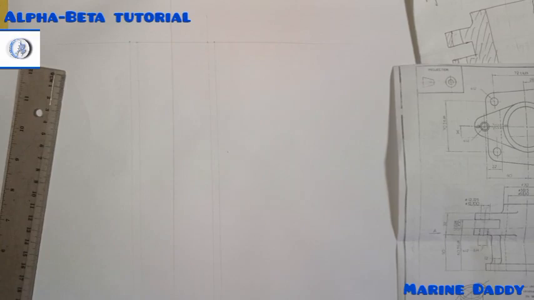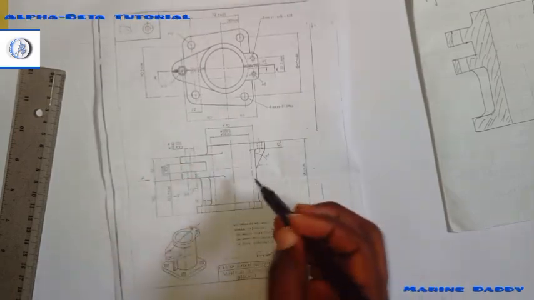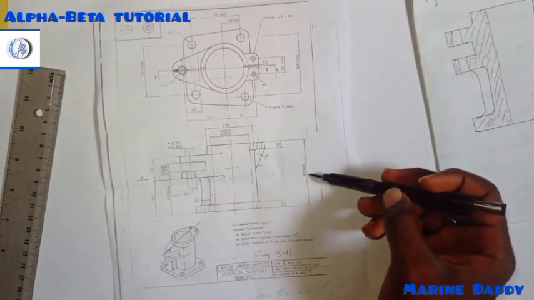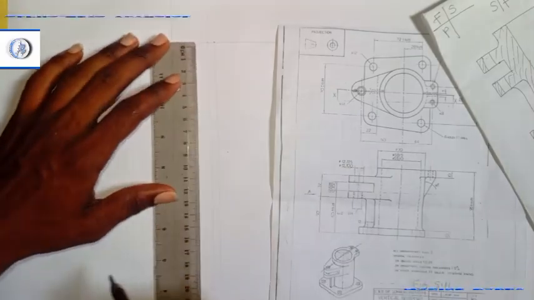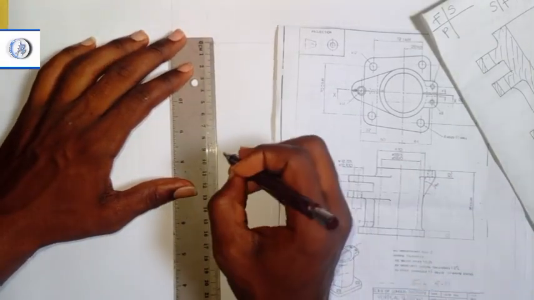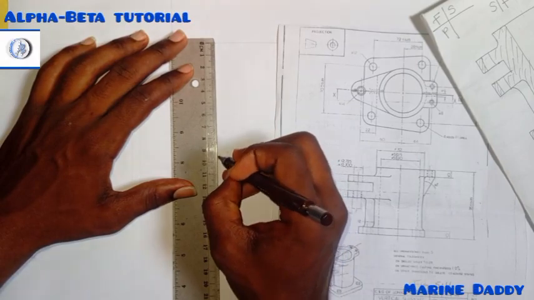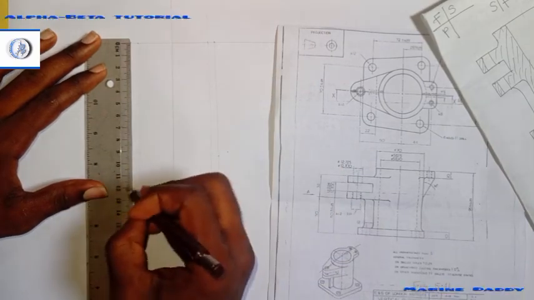Okay, after doing this, they told us that the height from this top to this bottom is 95. So I'll measure 95. So this is 95 here. Let's come to this place to measure 95.